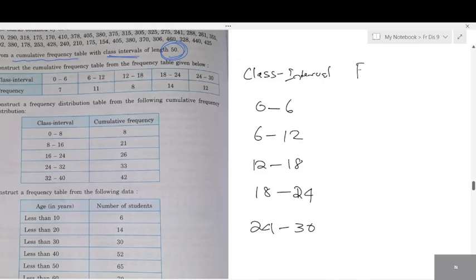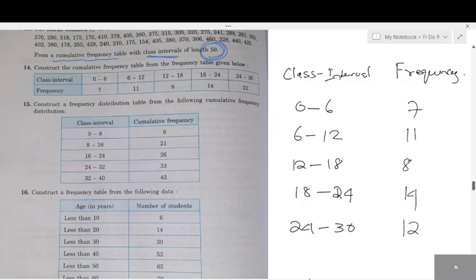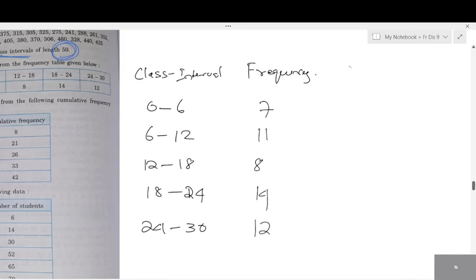What is the frequency? 7, 11, 8, 12. What do we need to find? What have they asked to find? The cumulative frequency. So frequency is given. What do we need to find? Cumulative frequency. Can you quickly tell me all the values, students? What is cumulative? The first number will remain as it is.